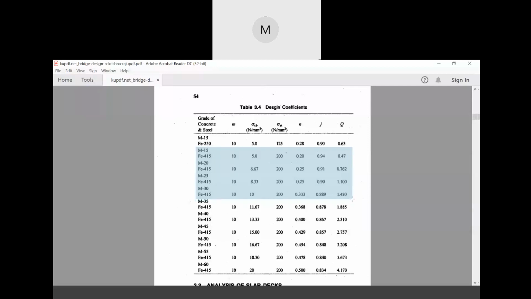It's not possible for you to remember all the values, right? You just remember M15, 20, 25, and 30. M15 has very few chances, but M20, 25, and M30, just remember these three values. Is it okay for everyone?